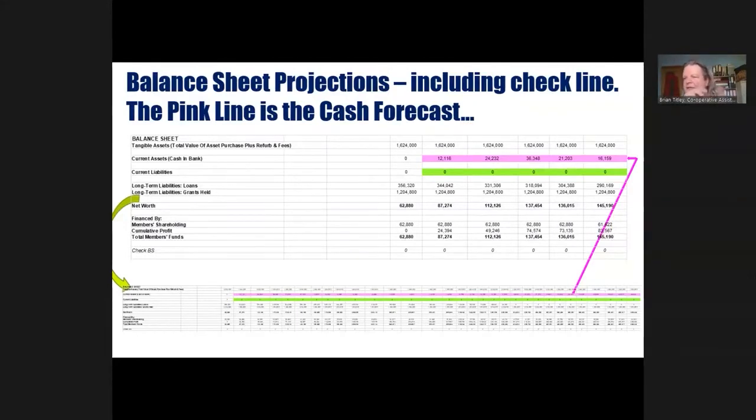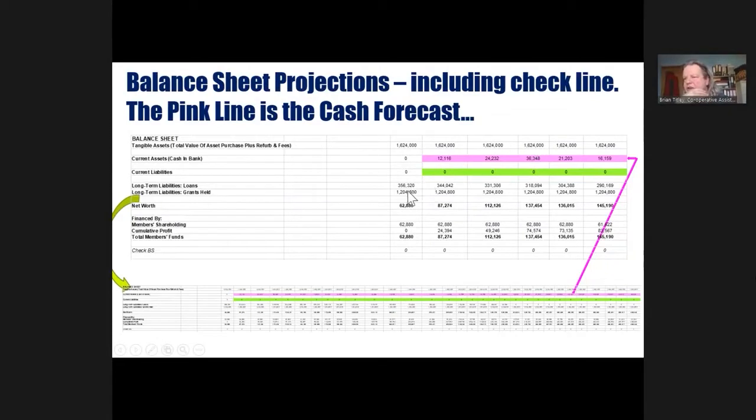And the other thing in here is the grants held. Capital grants only appear as income as the thing that you've bought with them depreciates. So the tangible asset, we haven't got that depreciating here.